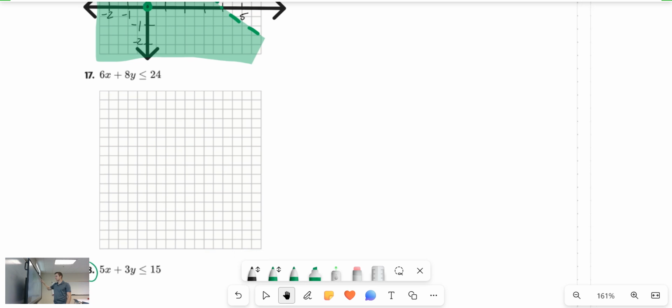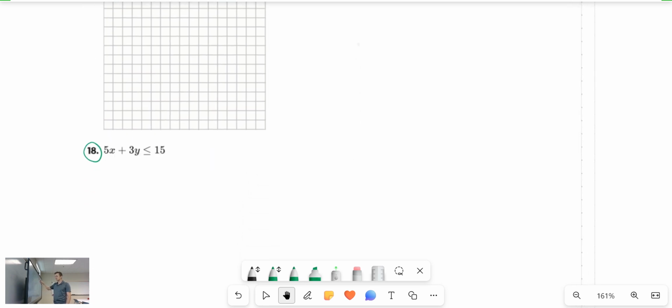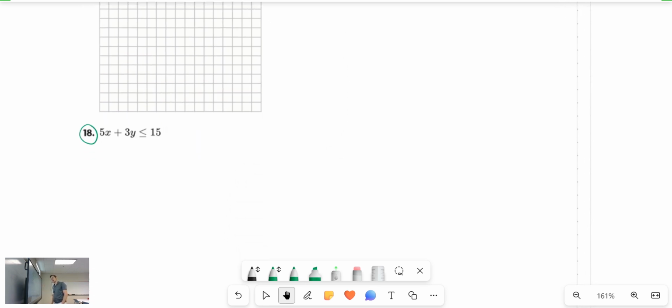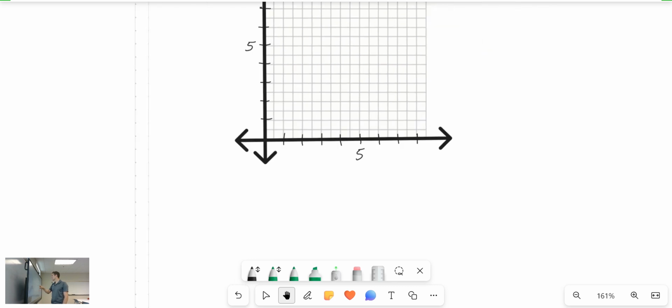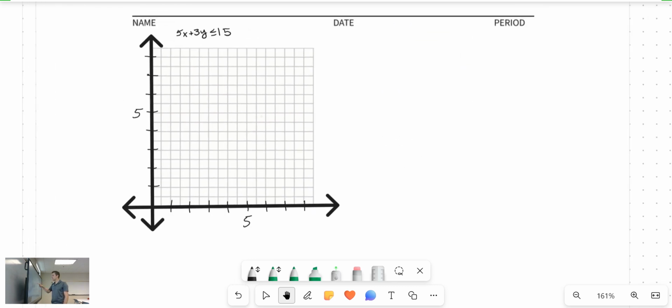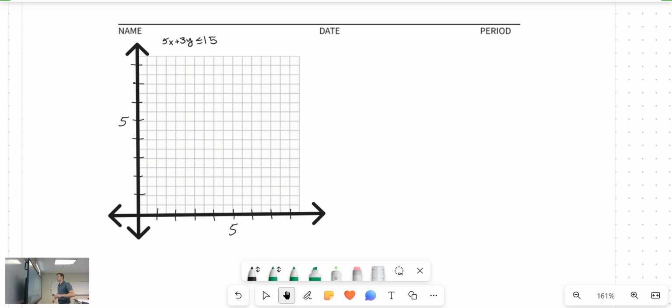Let's move on. It looks like we're skipping 17, but we are going to complete question 18. 5x plus 3y is less than or equal to 15. So let's move over because our graph for this situation is here. Less than or equal to 15 means we are doing a solid line.